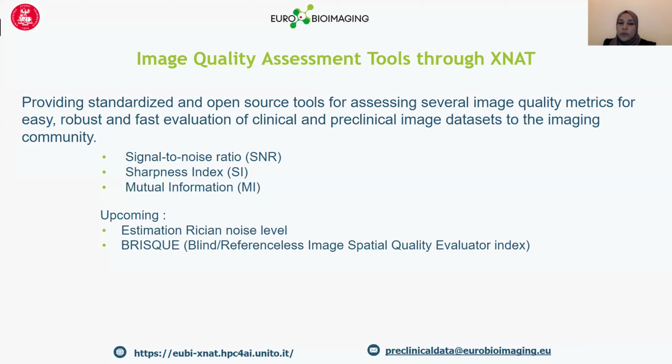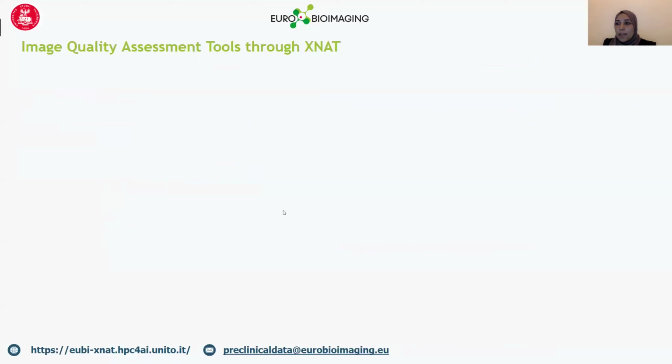And the mutual information, which calculates the mutual dependency, with a higher index translating to higher dependency between two consecutive temporal acquisitions, like DCE-MRI images. We are also working to develop other indices to assess the quality of the images, such as the estimation of noise ratio in MRI, and BRISQUE, the blind referenceless image spatial quality evaluator index.